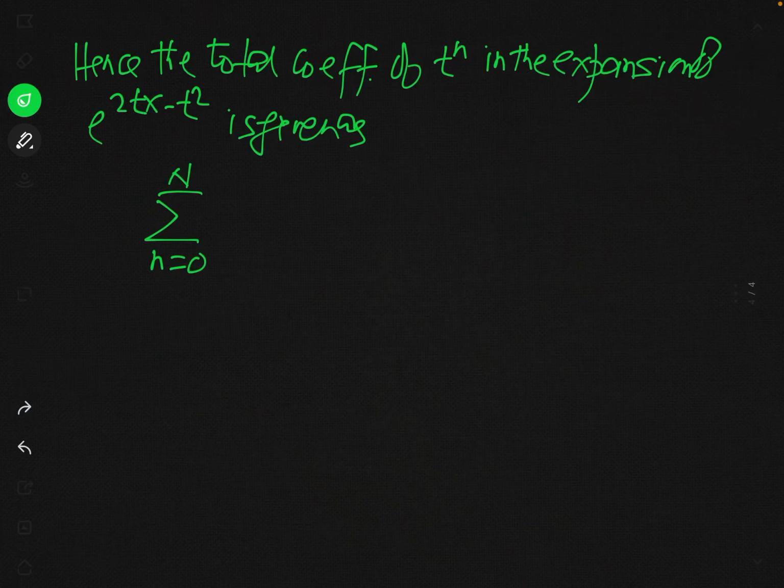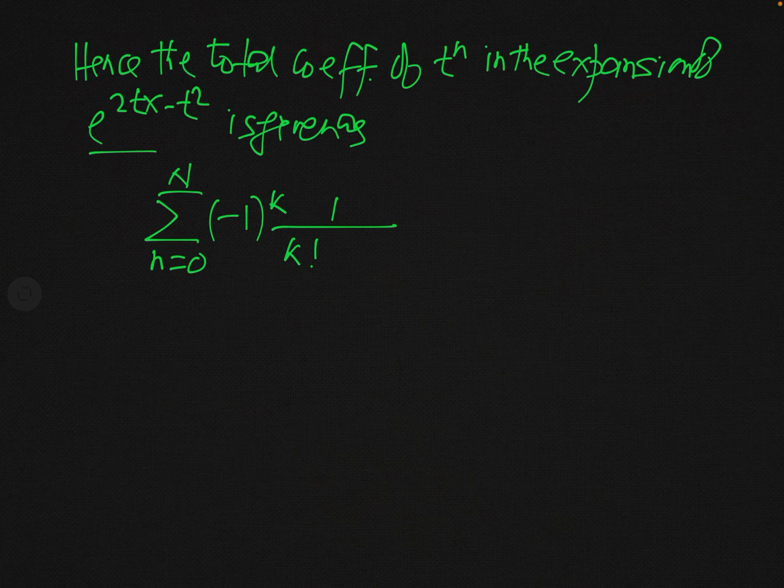So now we can write the total coefficient of t raised to the power n in the expansion of this function e raised to the power 2tx minus t square, in this way. So this will be the summation k from 0 to capital N of minus 1 raised to the power k times 1 over k factorial times n minus 2k factorial and 2x raised to the power n minus 2k.